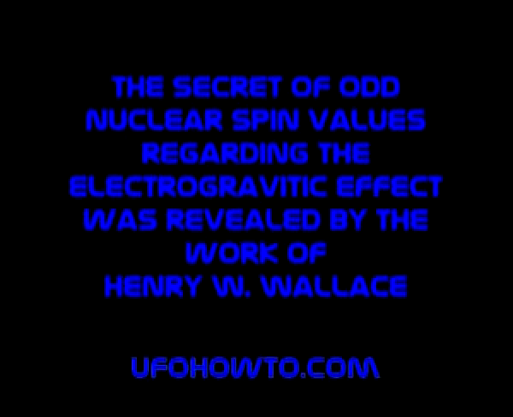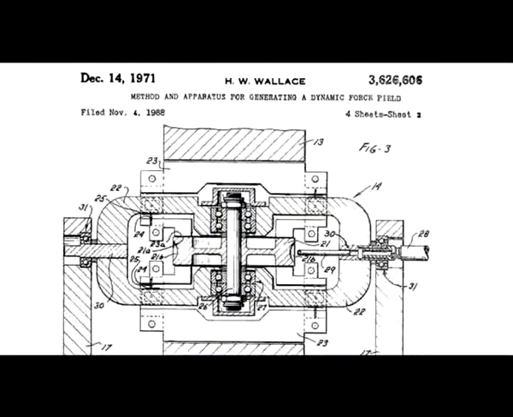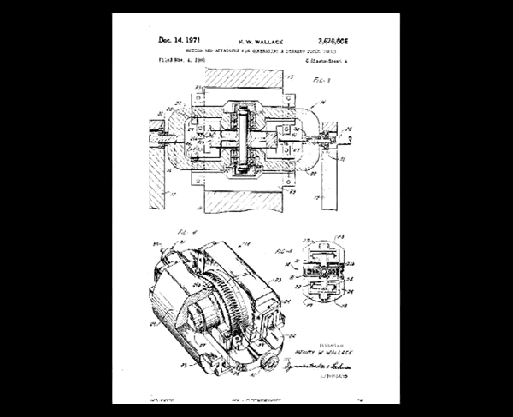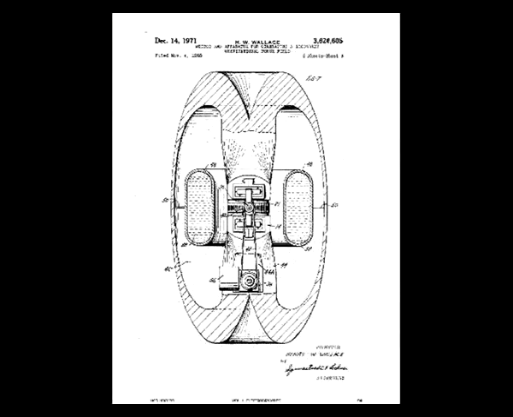Henry William Wallace was a scientist at GE Aerospace in Valley Forge, Pennsylvania, and with GE Reentry Systems in Philadelphia. In his two patents, Method and Apparatus for Generating a Secondary Gravitational Force Field, and Method and Apparatus for Generating a Dynamic Force Field, he chronicles the secret of the odd nuclear spin values.